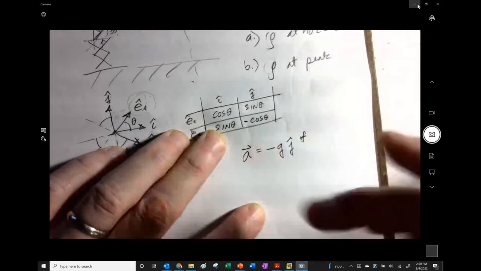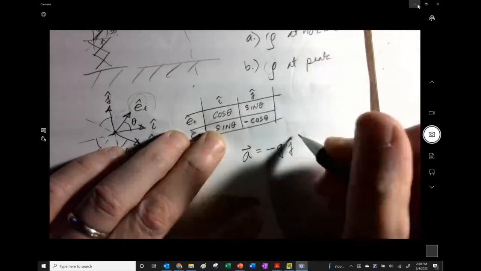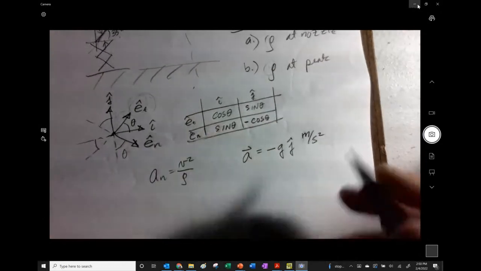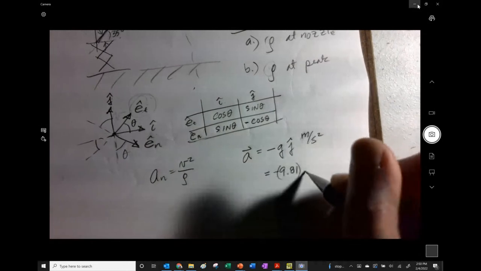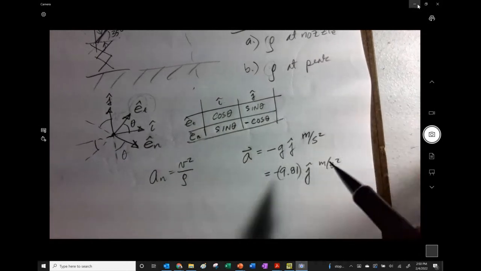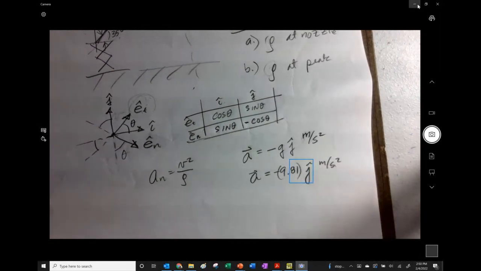We were told these are meters, right? Meters per second. I think it was 24 meters per second. All right, so just negative 9.81 J. Could you convert it into your transformation coordinates?